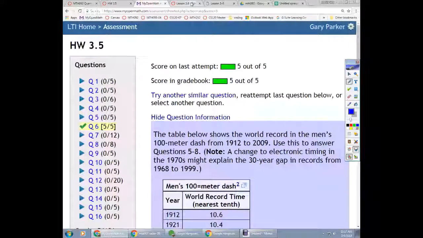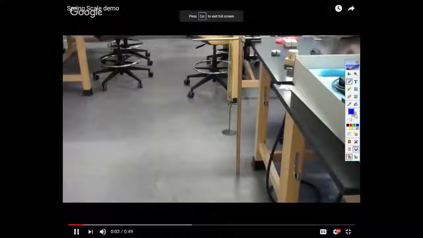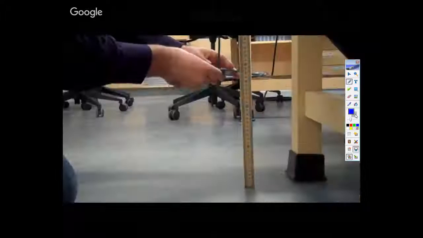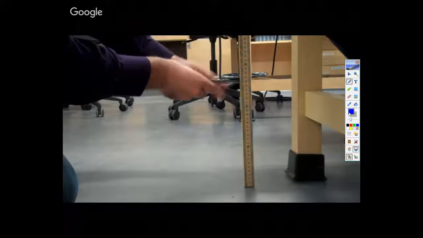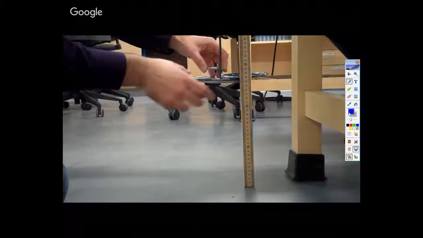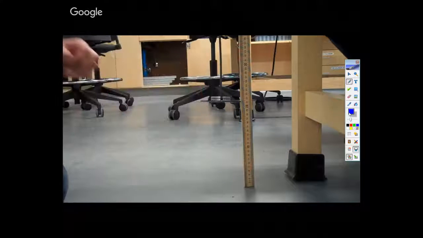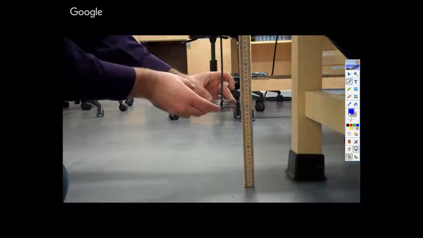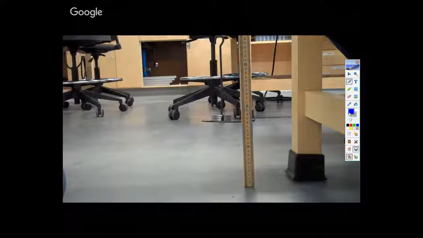Next, we're going to check out this video here. We have a hanger attached to the end of a long spring. If we add a 50-gram mass to the hanger, it pulls down the spring to about 25.8 centimeters. A second 50-gram mass pulls it down to about 21 centimeters, and a third to about 16.2 centimeters.